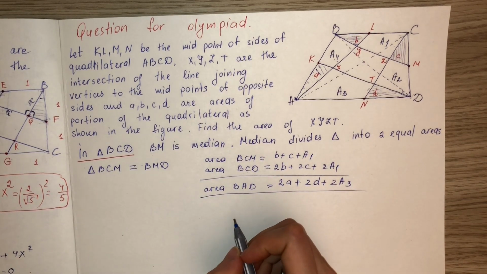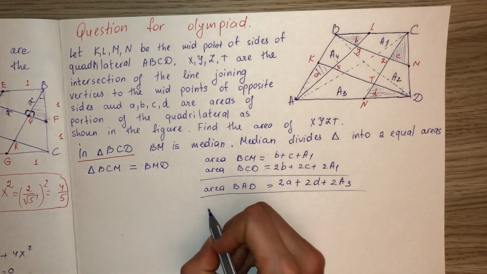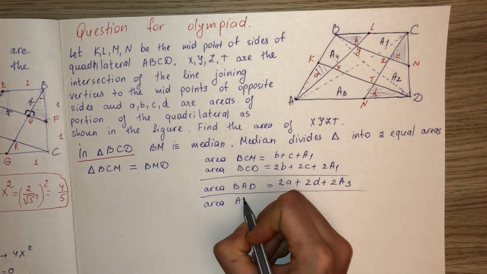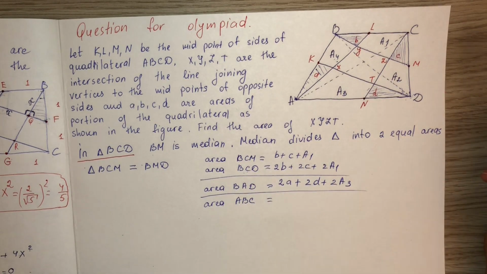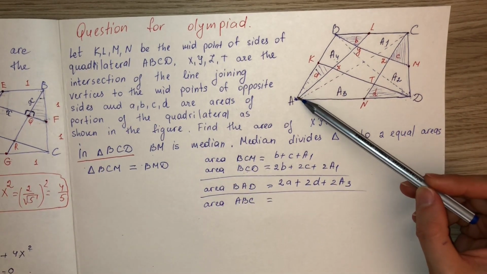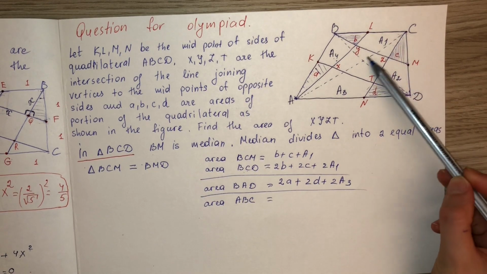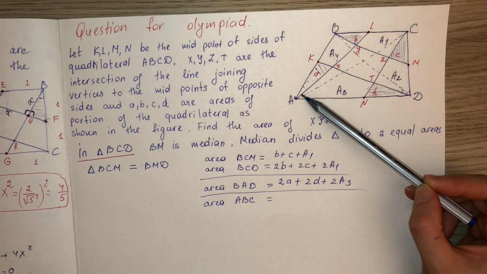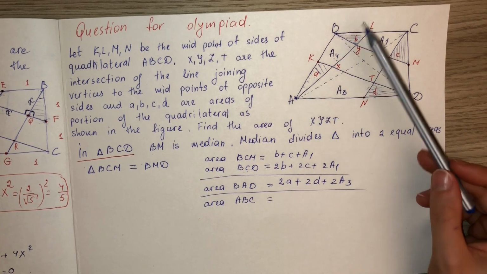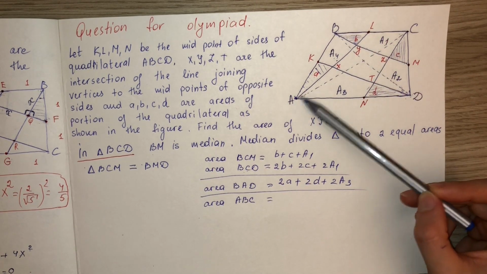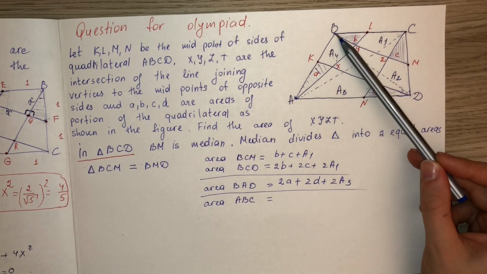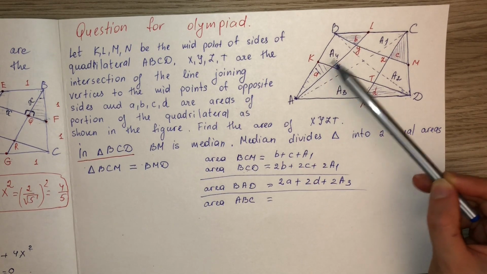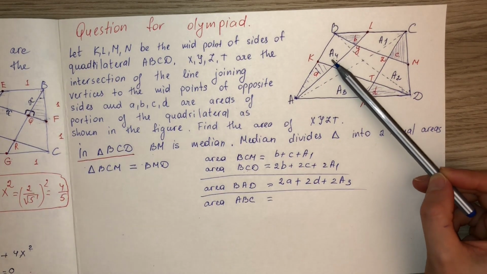So the area of ABC is equal to, let's find A, B, and C. Here, this triangle is the sum of two triangles, ABL and ALC. The area of ABL is equal to A plus B plus A4.